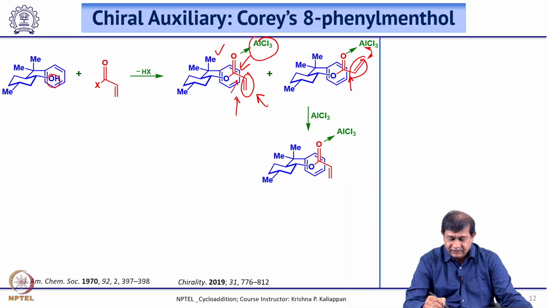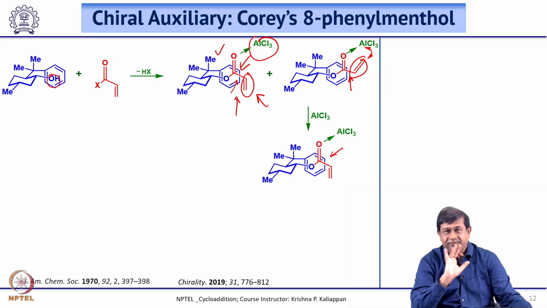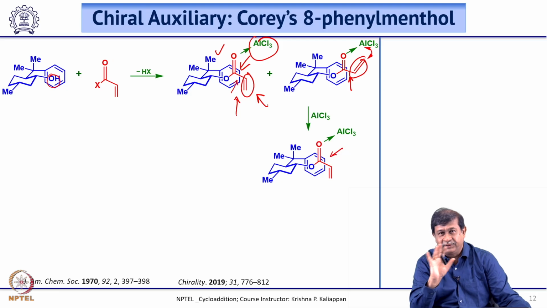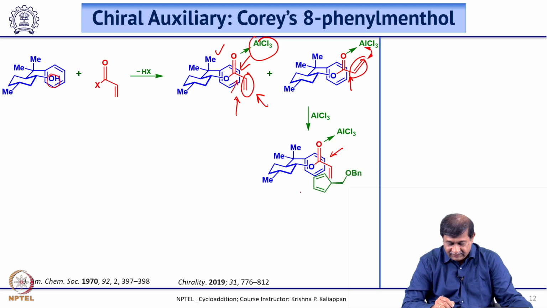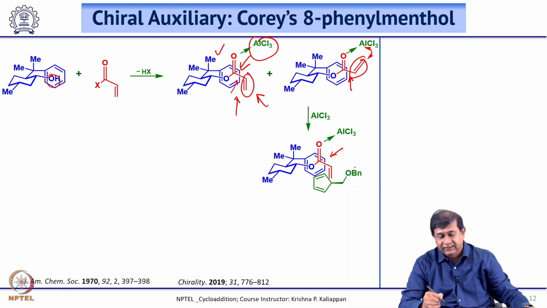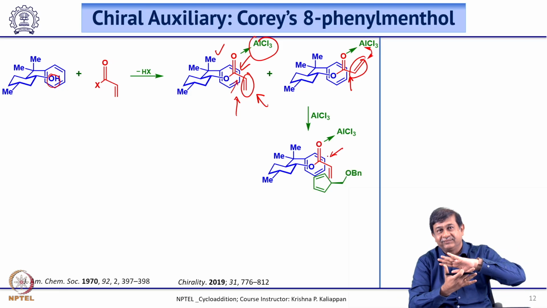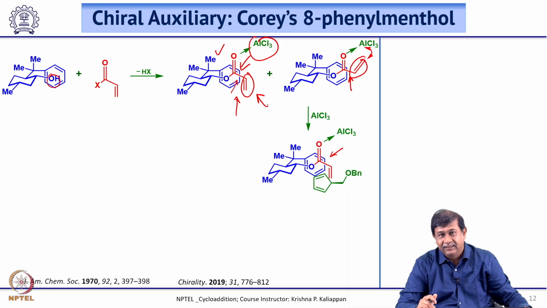Now since the back side is blocked, it will come only from the front side. So that way it is clear that you get one isomer. But what about exo and endo? There are two possibilities. One possibility is the diene coming like this. That means in this transition state, the carbonyl group is under the diene. That means this will lead to the endo product.